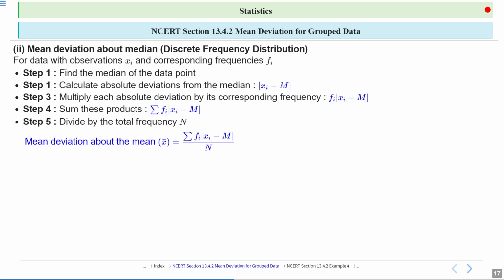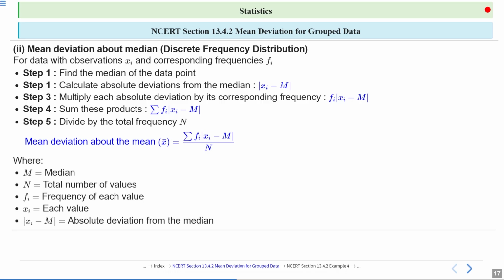The formula for mean deviation about the median is summation fi times mod xi minus m upon n, where m is the median, n is the total number of values, fi is the frequency of each value, xi is each data point, and modulus of xi minus m is the absolute deviation from the median.